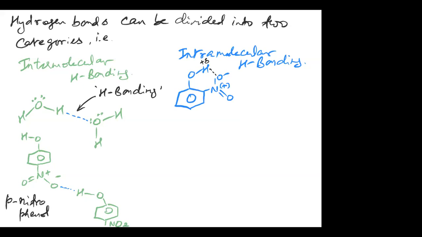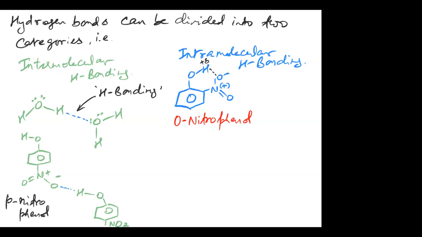So within the same molecule, it has possibility to form hydrogen bonding. So instead of para-nitrophenol, it is known as ortho-nitrophenol.